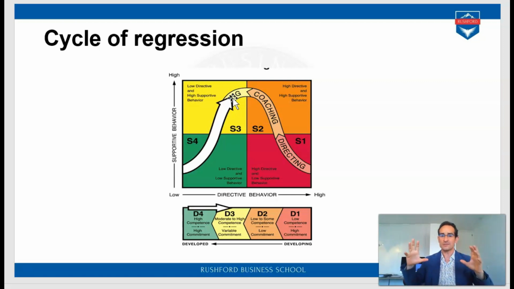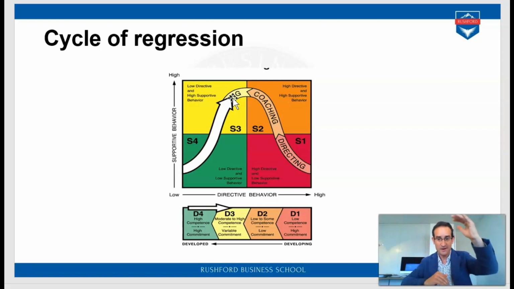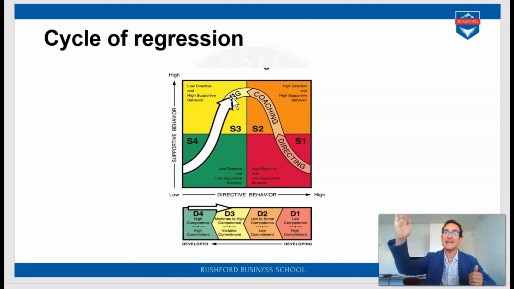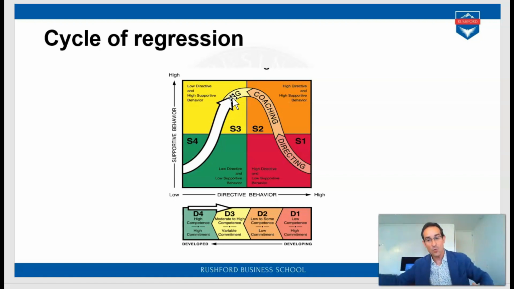Okay, so all these boxes, I repeat this again because it's very important, all these boxes are not closed, they are all communicating among themselves. There is not a linear progression from D1 to D4, and therefore you as a leader have to apply a leadership style from S1 to S4.